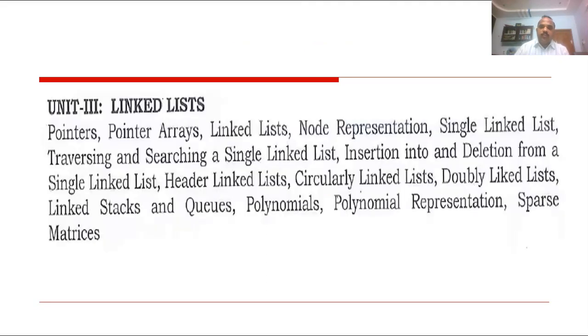In unit 3, these are the contents: pointers, pointer arrays, linked lists, node representation, single linked list, traversing and searching a single linked list, insertion into and deletion from a single linked list, header linked list, circular linked list, double linked list, linked stacks and queues, polynomials, polynomial representation, sparse matrices.